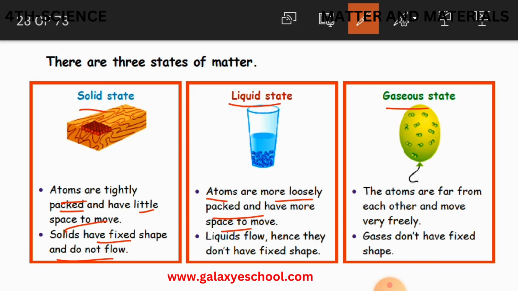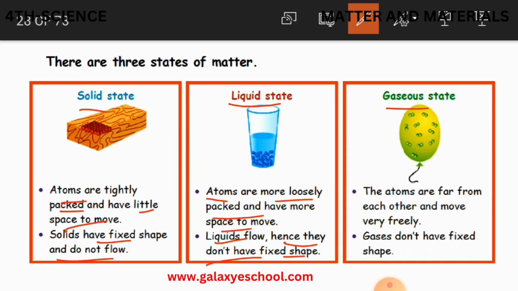In a glass it takes the glass shape, in a bucket the bucket shape, in a jug the jug shape, in a plate the plate shape. That is why a liquid doesn't have a definite shape.